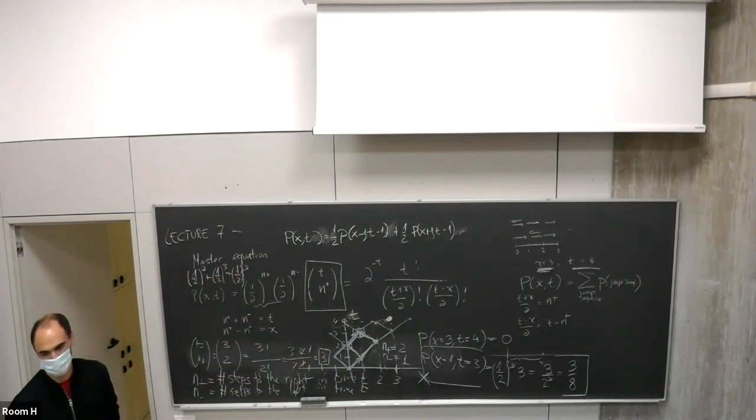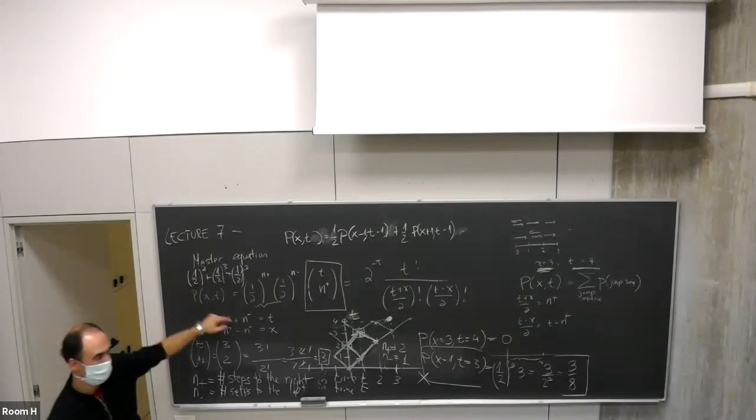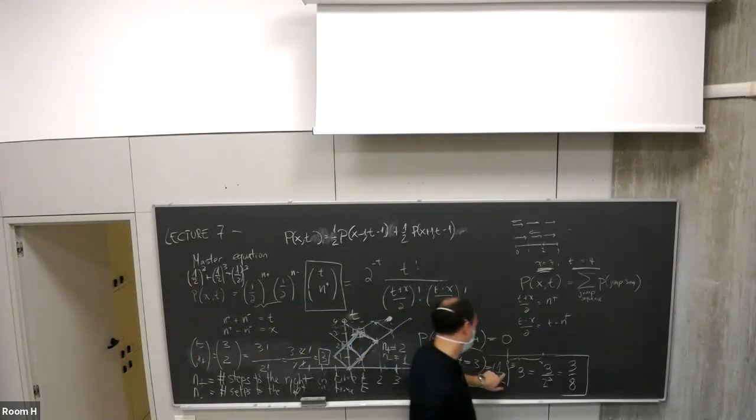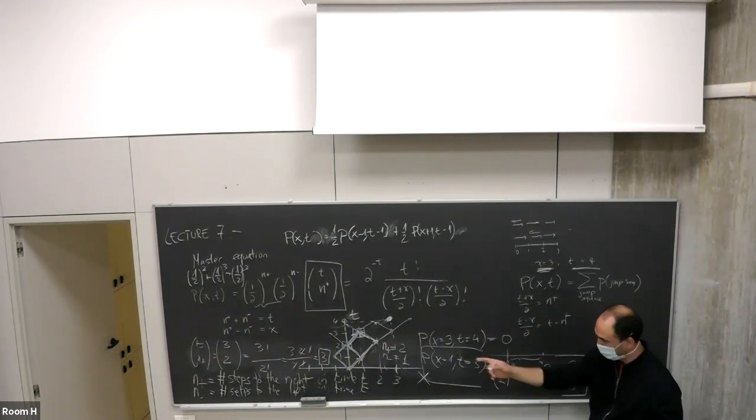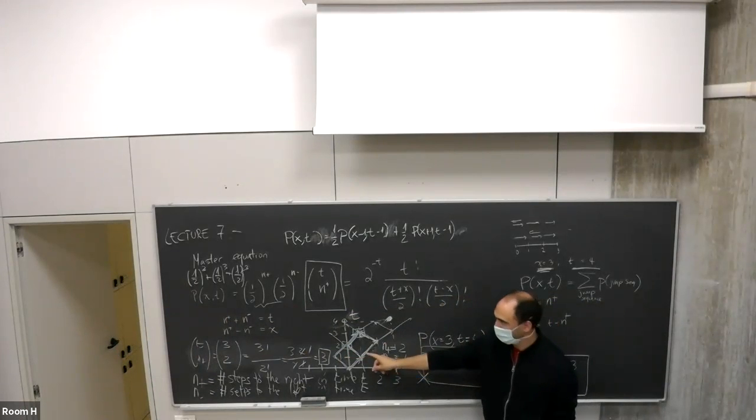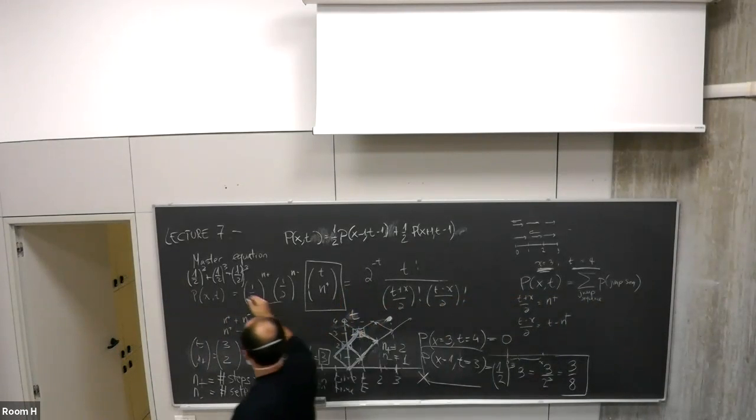There are three ways. You are summing the probabilities. And this equals 1/2 to the power 3 times 3, which is 3 divided by 8. So all these combinatorics that we are doing here by eye is given to us by this formula.